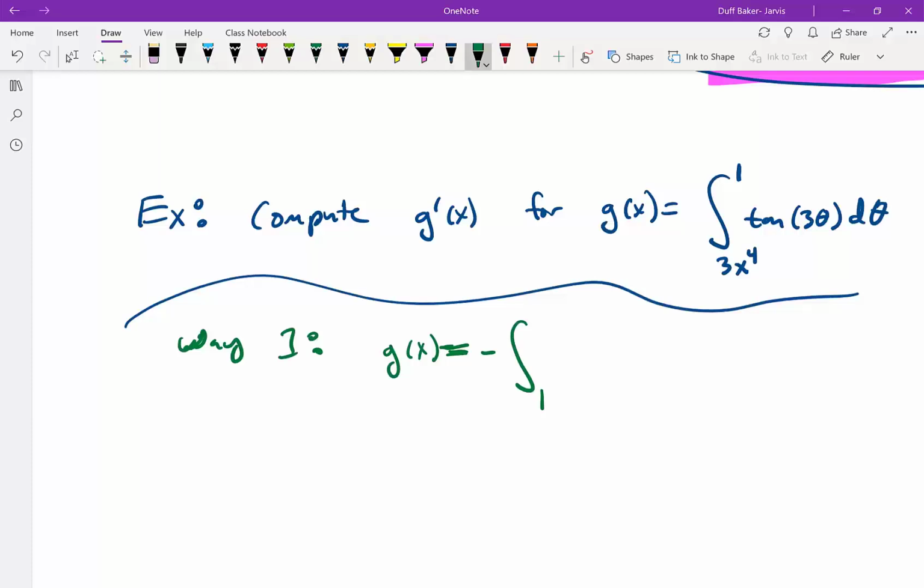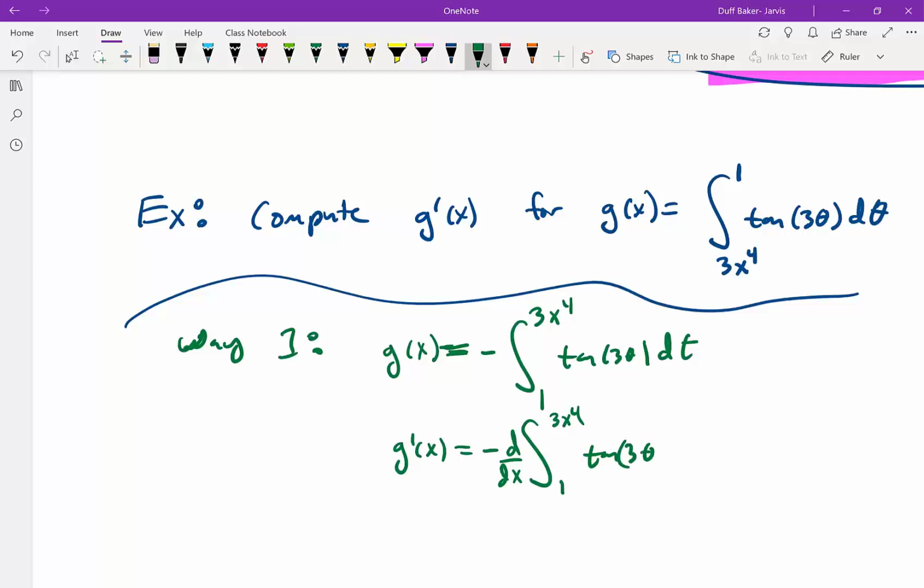Sorry, when we switch it, we get 1 to 3x to the fourth. And so then g prime will be minus the derivative of this. And remember from what we did before, essentially what that means is we plug 3x to the fourth in for theta.